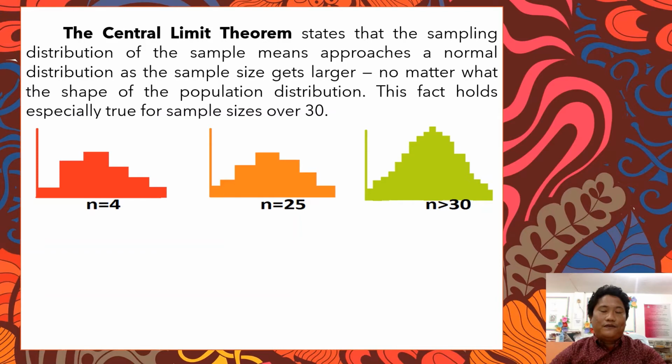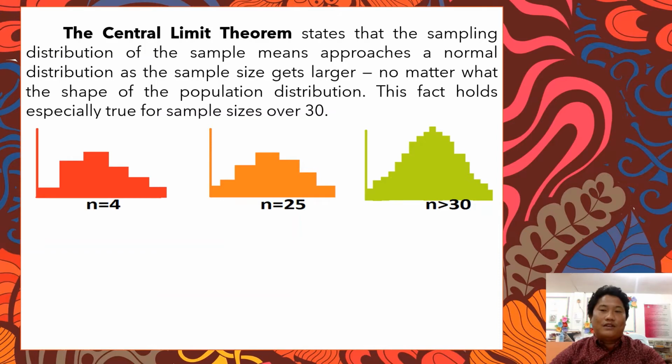If n equals 25, meaning your sample size is 25, looking at the graph, the shape is a curve, almost a bell shape. But when your n is greater than 30, it looks like a bell shape.